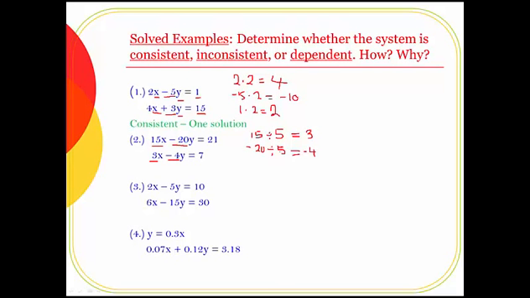Now, since this worked on the left-hand side, remember we are dealing with equations. And with the equation, whatever you do to the left-hand side, you've got to do to the right-hand side.